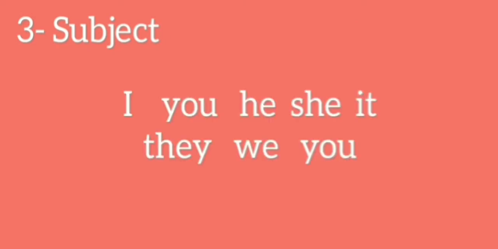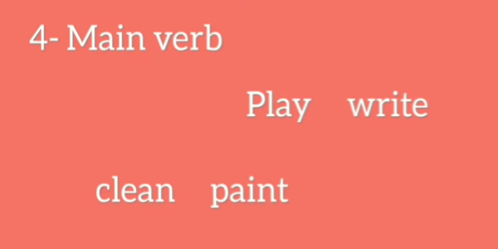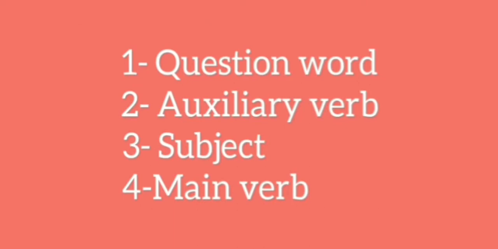Also, you need your subject: I, you, he, she, it, they, we, and you. And you need your main verb, any verb. For example, play, write, clean, and paint. These are the 4 things that you need, and you need them in that order.